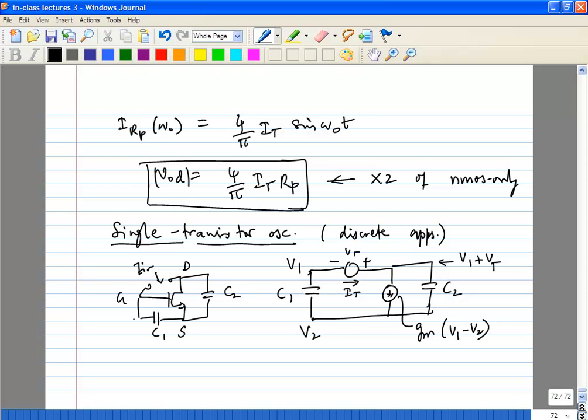This is Gm times V1 minus V2. What is V1? So IT is flowing like this. So it's nothing but V2 minus IT times something.